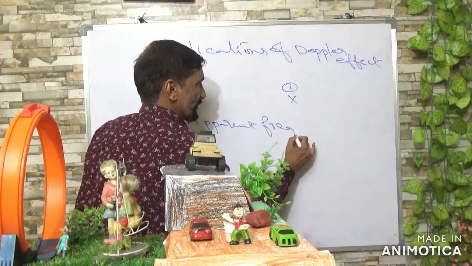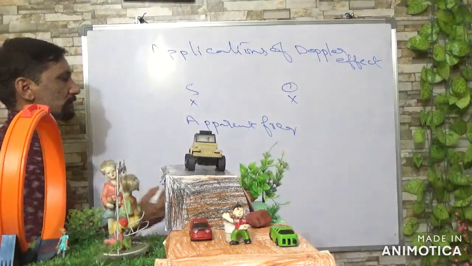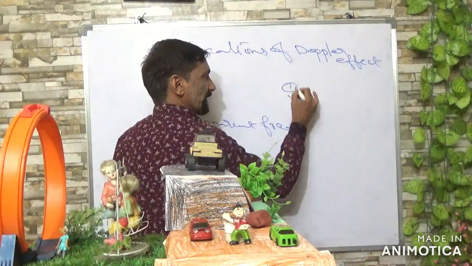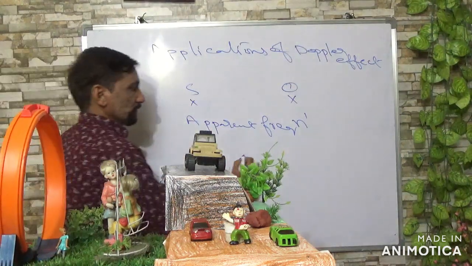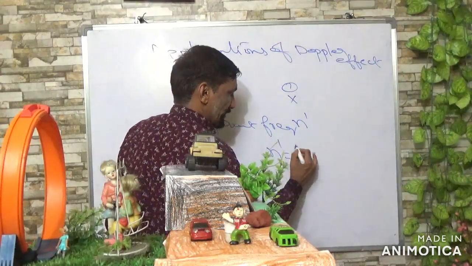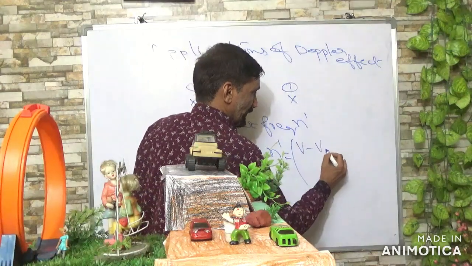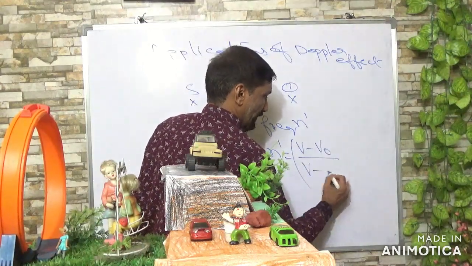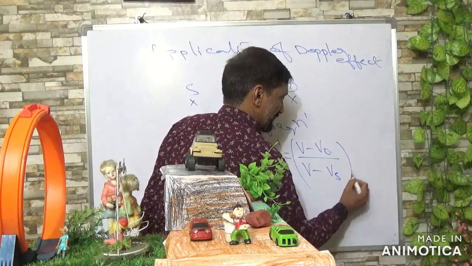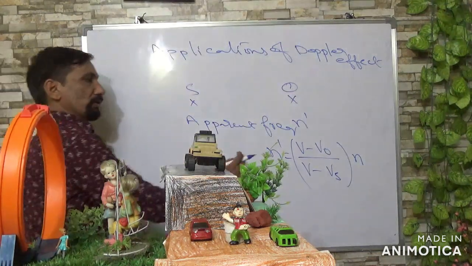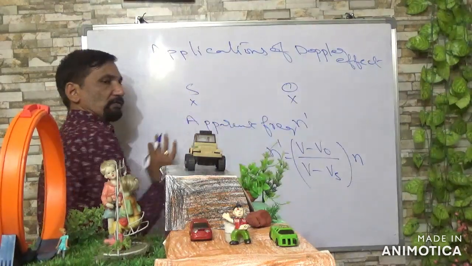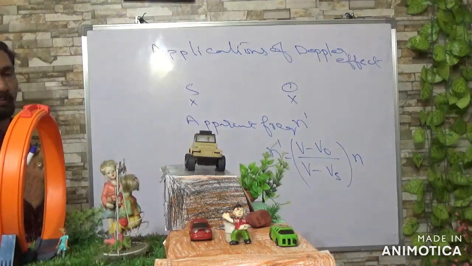Apparent frequency received by the observer is n dash equals (V minus V naught) by (V minus Vs) into n. Based on this formula only, we will solve almost all problems.